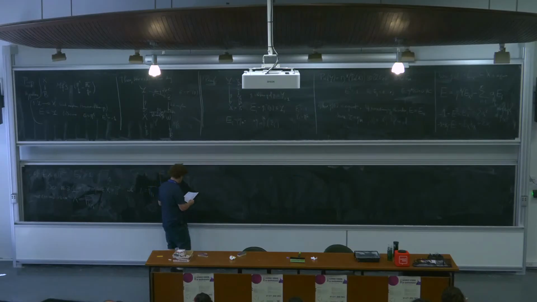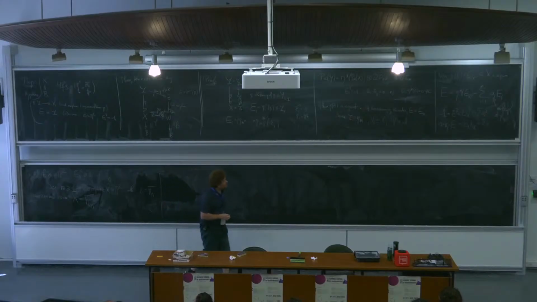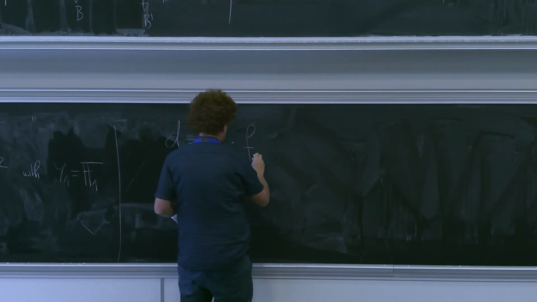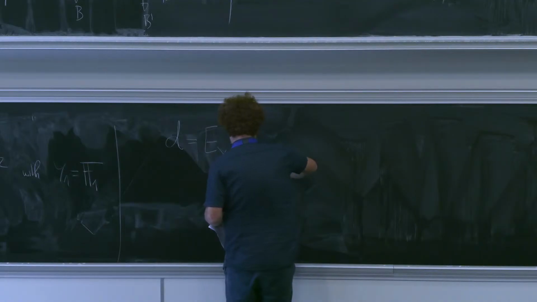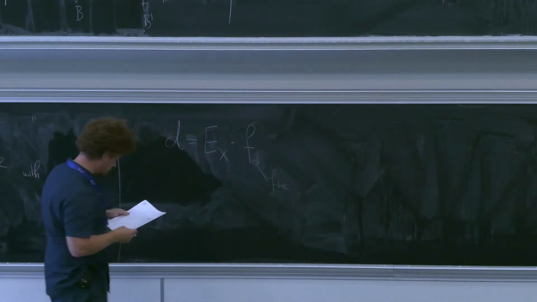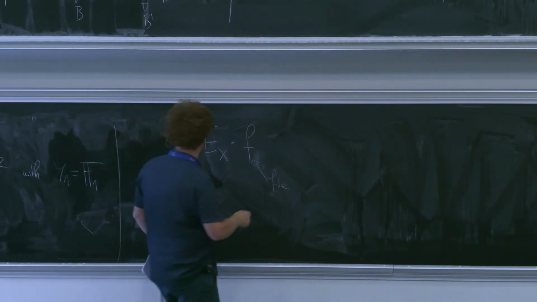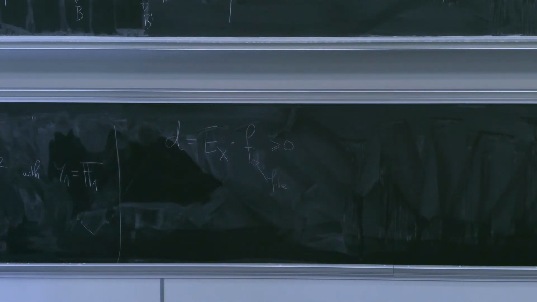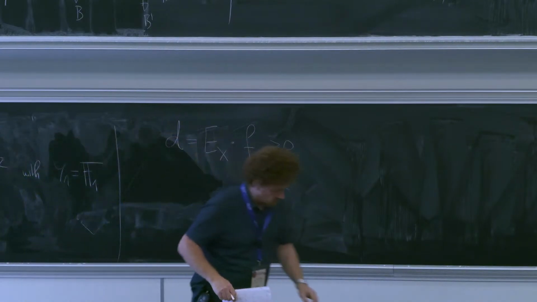Now I will write the degree d. d is equal to E_X times F, the fiber. And this we have seen. It's at least 0. Just because if it's a fiber, it's 0, and otherwise its intersection with another curve is non-negative.